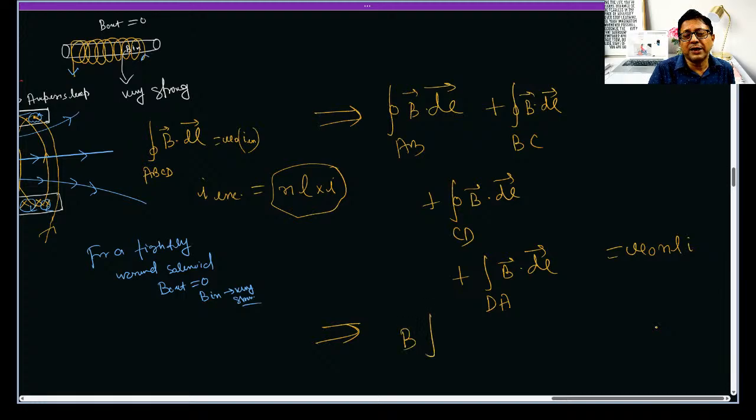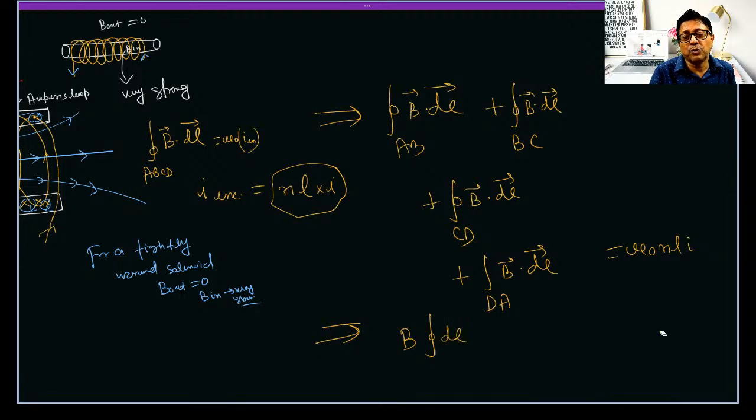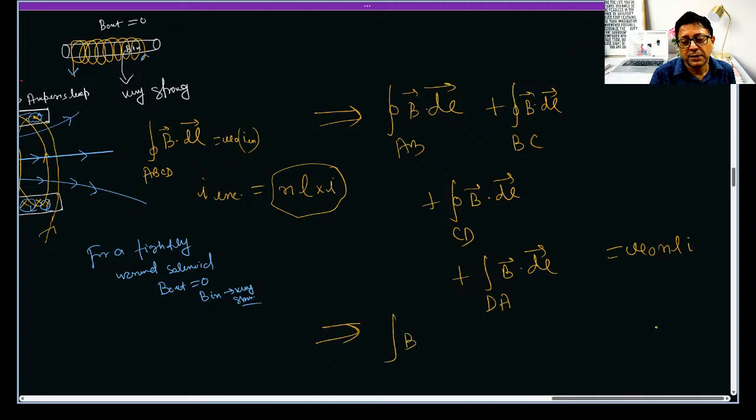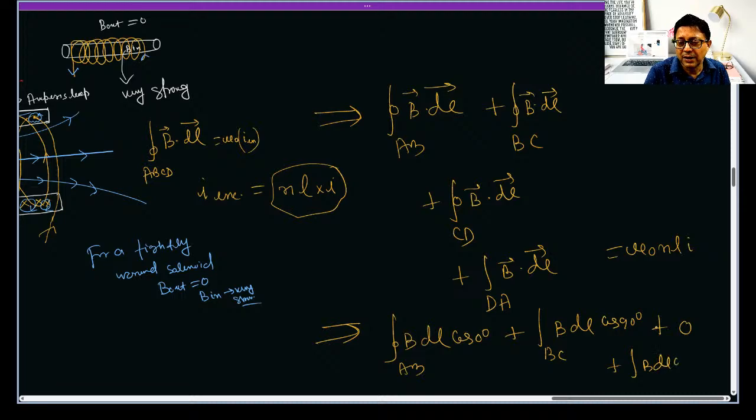Now along AB the magnetic field strength is the same, so B we can take outside and integrate dl. Or you can write one more step to simplify: B dl cos 0 degree over AB, B dl cos 90 degree along BC, along CD it is outside so 0, along DA again B dl cos 90.